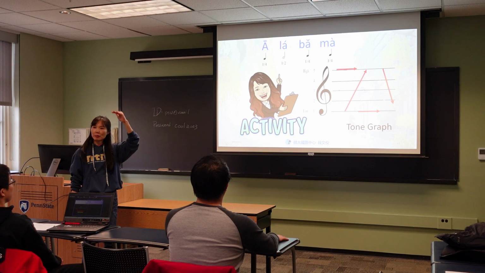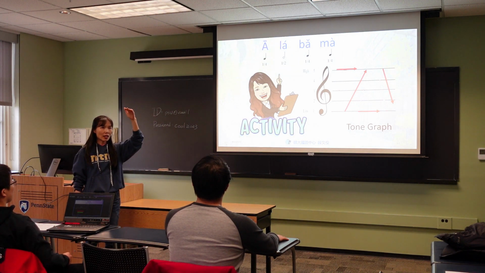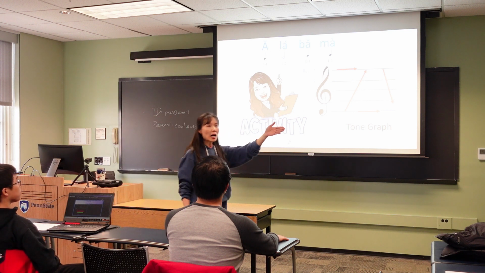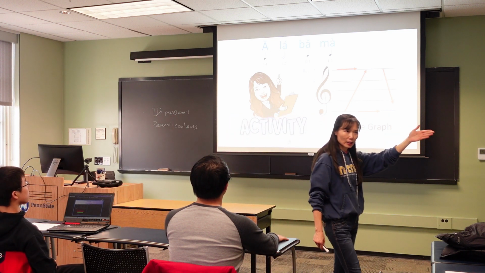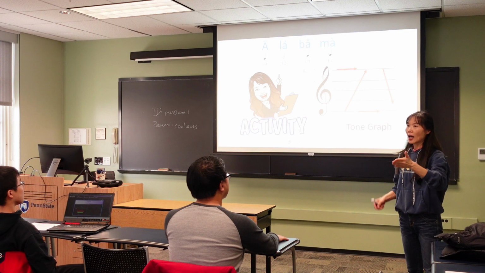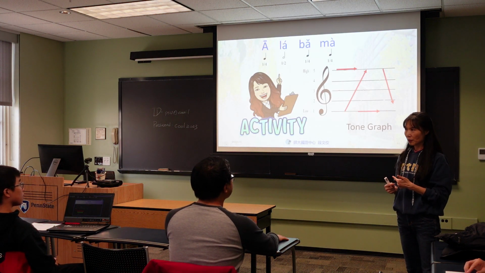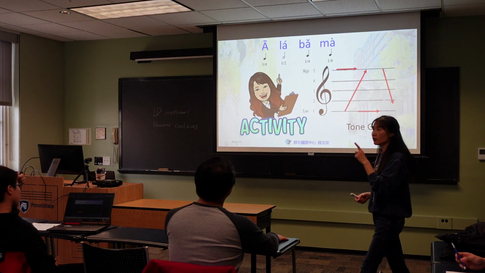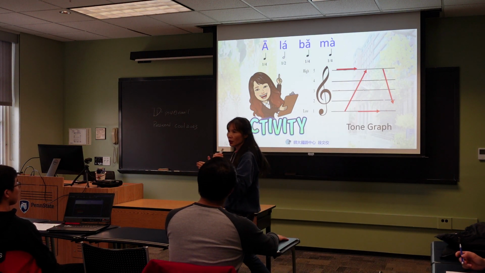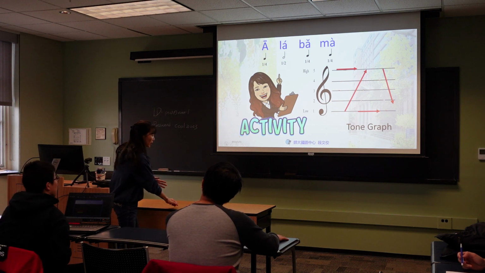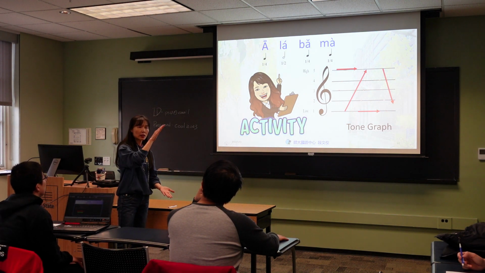阿拉巴马. Try again. 阿拉巴马. Right. But nobody says 阿拉巴马. Why? Because you have to pay attention to the Chinese rhythm, right? So if the first tone is a quarter note, the second tone should be a half note. So that would be 阿拉巴马.